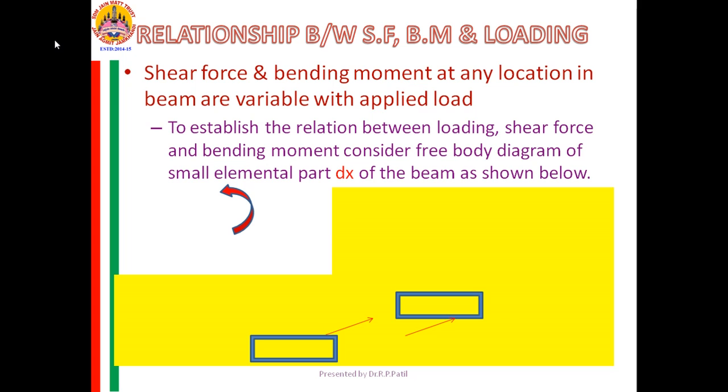To establish the relationship between the load that we have applied, the shear force and bending moment, we consider a very small part of the beam of length dx, subjected to approximately uniform load of intensity W per meter length.